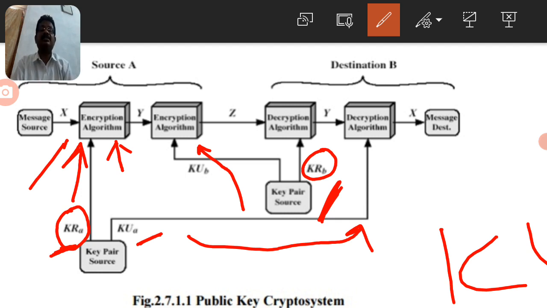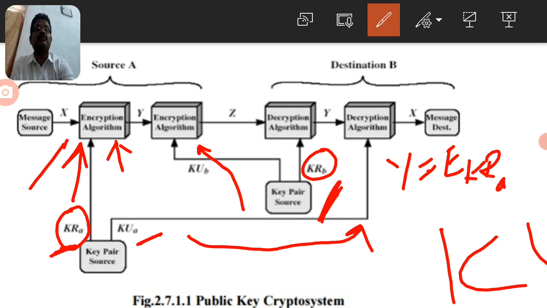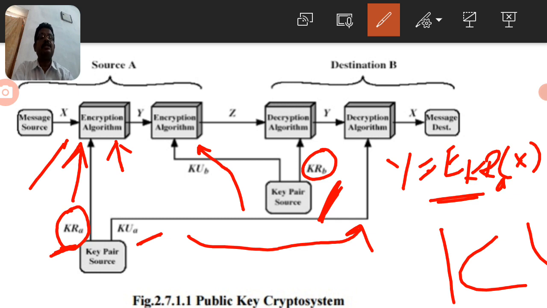The encryption algorithm takes the plain text message X and the private key KRA, and generates Y, where Y equals EKRA of X. So Y is the authenticated message here, because the sender uses his own private key in the encryption.